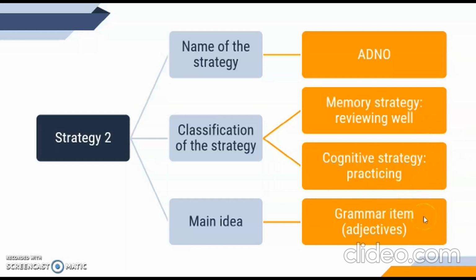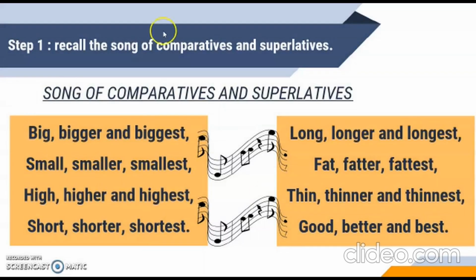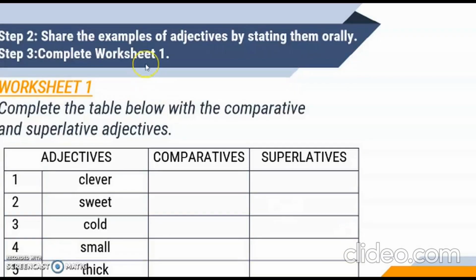The learners are going to start using the strategy with recalling the song of comparatives and superlatives. In this strategy, we also provide them with the lyrics of this song, followed by the next step, in which the learners have to share the examples of adjectives.